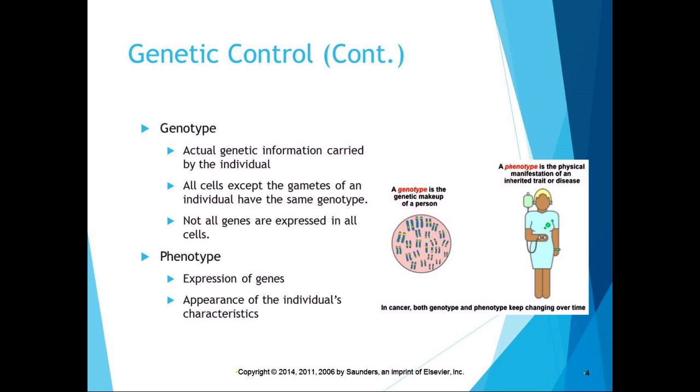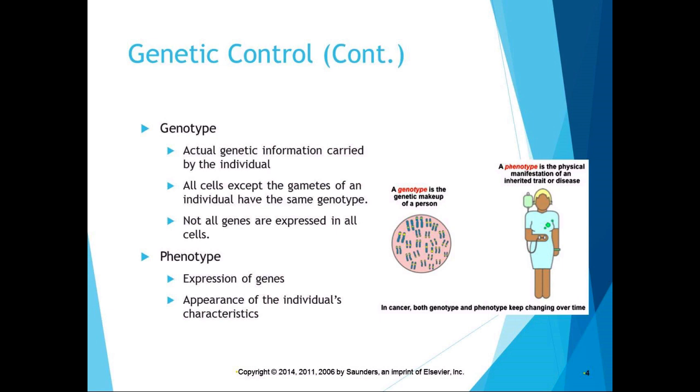So we talk about genotype and phenotype, and genotype is the actual genetic information carried by the individual. All of the cells in your body except the gametes have the same genotype. Whether it's a liver cell or a neuron or a skin cell in your pinky toe or any other cell in your body except your gametes, we have all the same genotype, but not all the genes are expressed in all the cells.